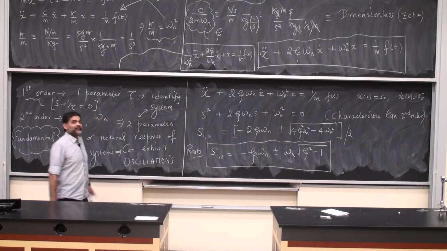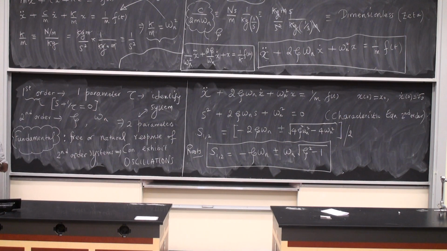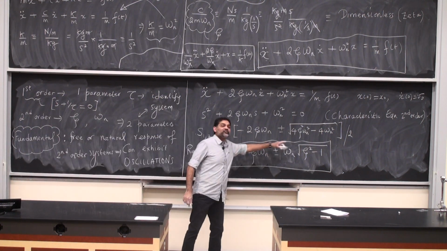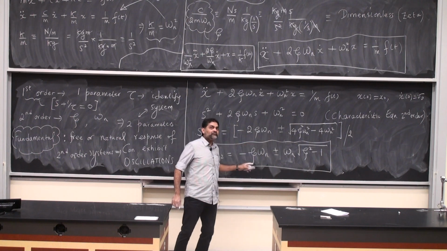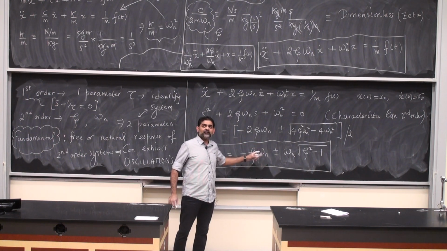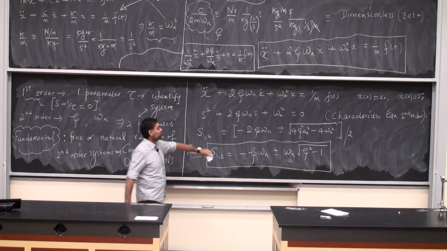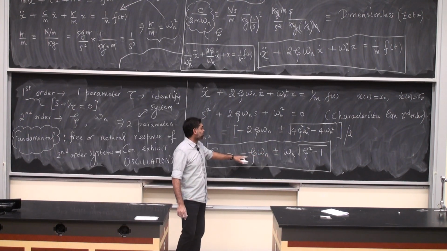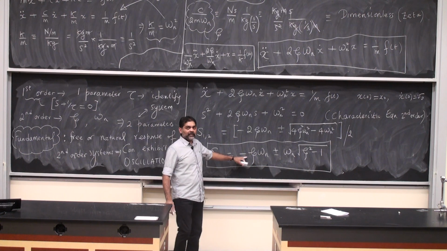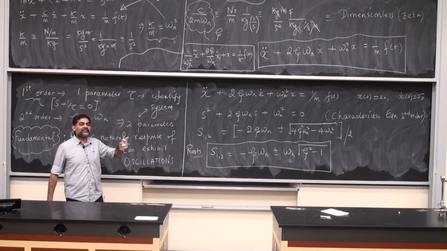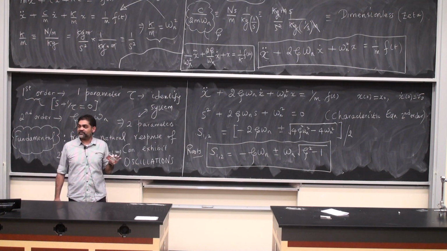You immediately recognize there are going to be 3 cases for these roots. If zeta is greater than 1, you're going to get real and distinct roots. If zeta is equal to 1, then that term completely vanishes and you're going to get real and repeated roots. If zeta is less than 1, you're going to get complex conjugate roots because the term inside the square root becomes imaginary.